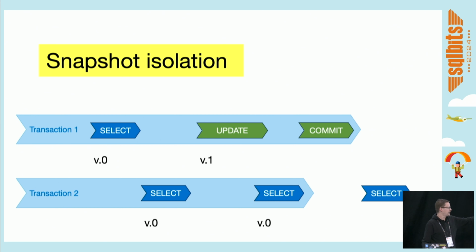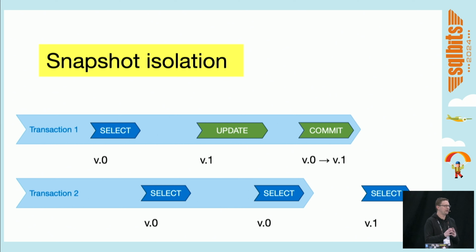So when transaction 2 looks again, the data is going to be the same. And these are non-blocking. Then transaction 1 commits the transaction, which basically upgrades version 0 to version 1. And as we've committed transaction 2, we've released that memory. And when transaction 2 looks again, it's going to be version 1.